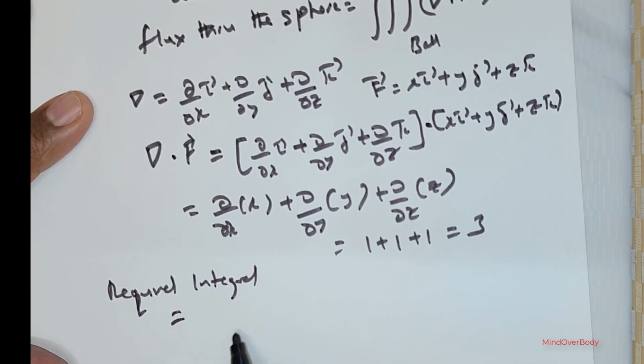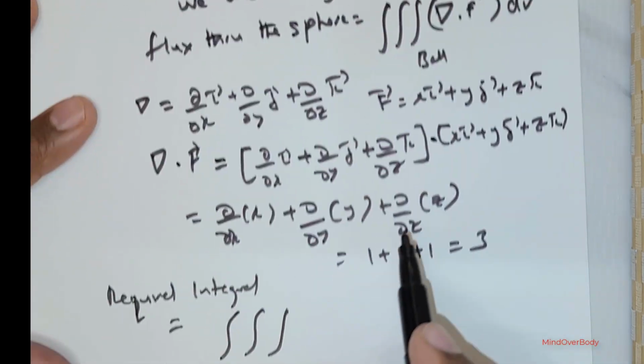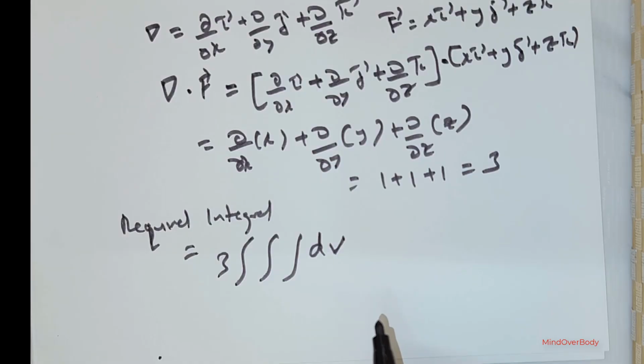is going to be the triple integral of 3 dV, so 3 will come over here, and you have to integrate over this volume. Now the question is, how do you integrate this? You have to fix up the limits, which could easily be fixed. I'm going to show you how exactly we can integrate this.